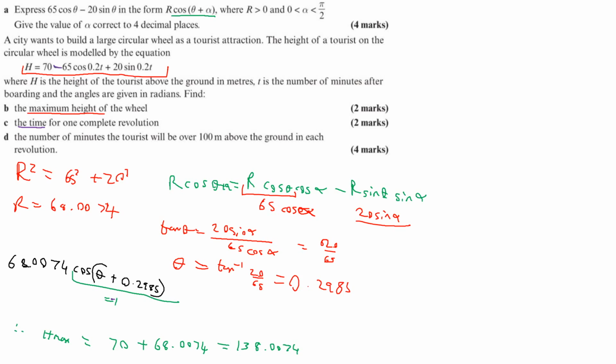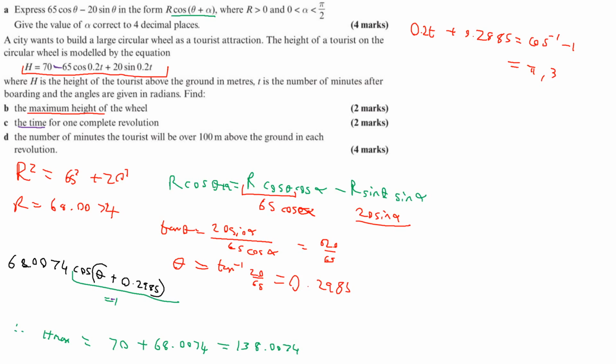So it's going to be minus this. No worries. So all we're going to do is, first and foremost, 0.2t plus 0.2985 is going to be equal to the inverse cos of -1, which is just going to be pi and 3 pi.